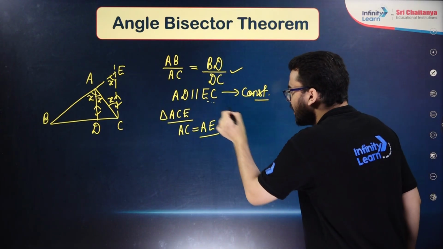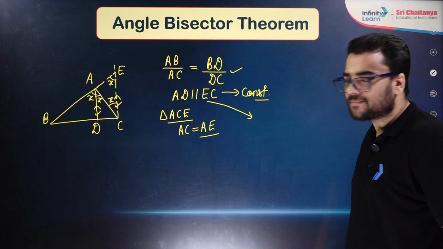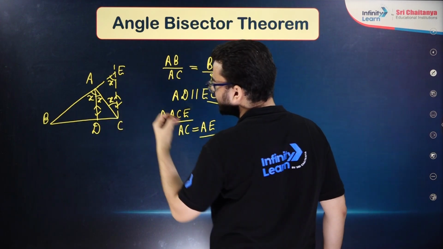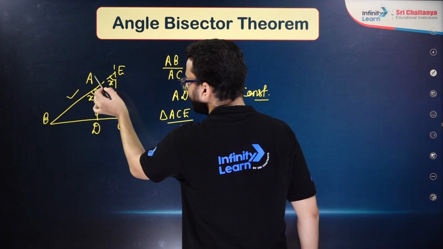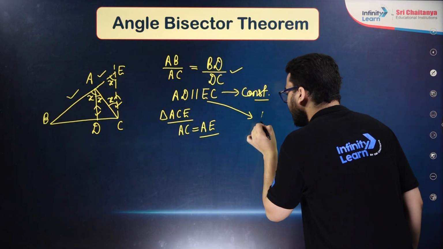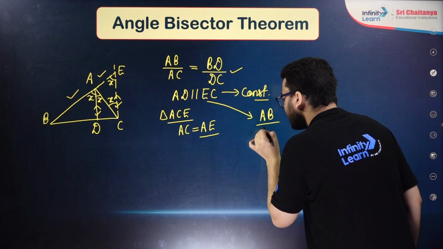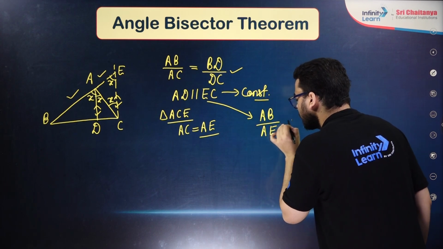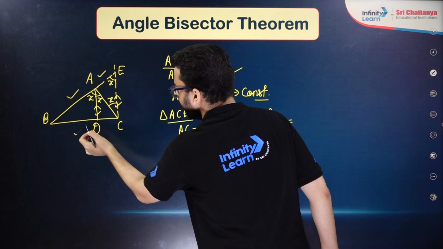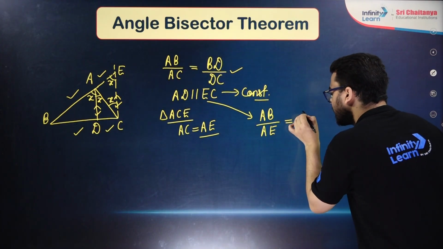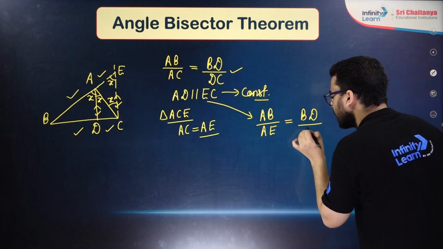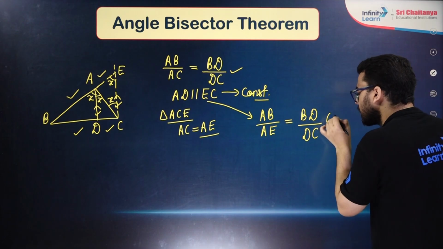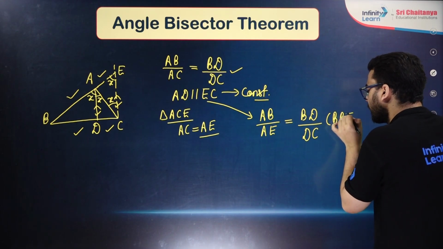Now you see over here, AD is parallel to EC. So can't we say AB by AE is equal to BD by DC? Basic proportionality theorem, or you call it Thales theorem, BPT in short. Correct?